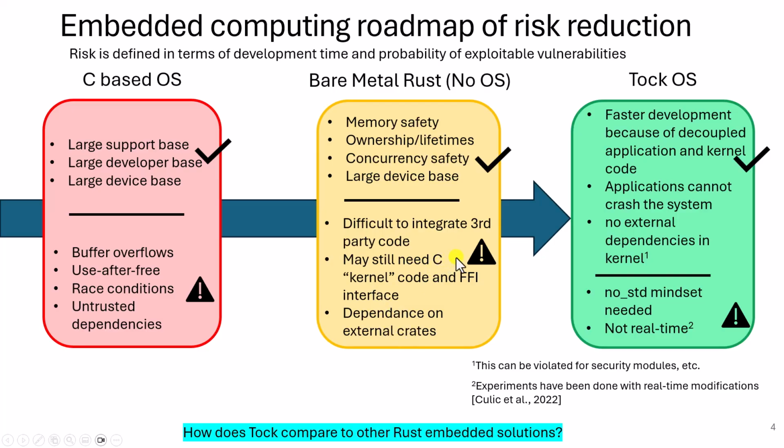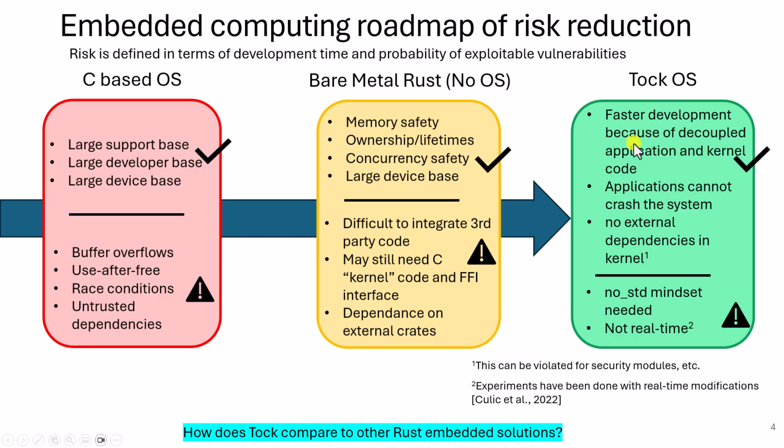If we keep going then further and look at how using Tock can help reduce the risk of the development time and exploitable vulnerabilities. The one part that addresses both is that because Tock is decoupled, the application code and the kernel code can be updated separately.